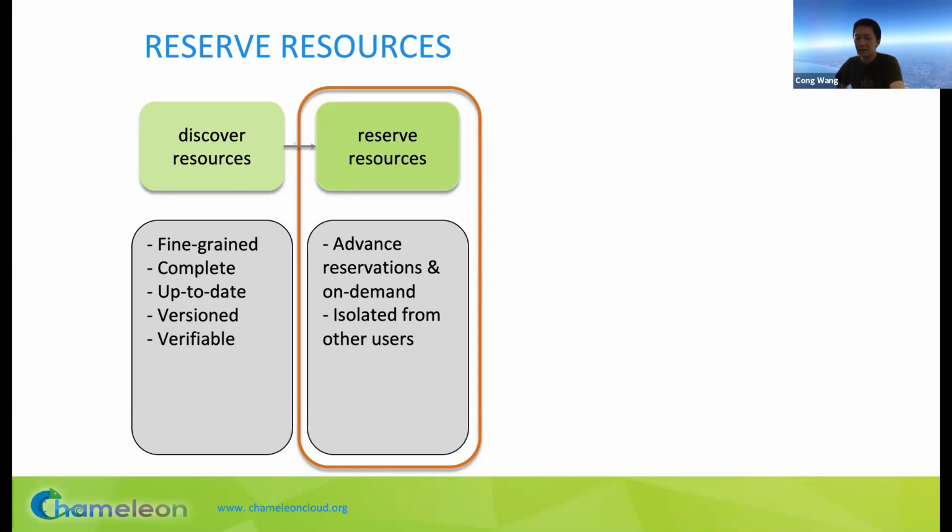Say I want the reservation to start from next week. You can do the advanced reservation, or you can do the on-demand one. For example, I want to run the experiment right now. That's also okay, depending on the availability of the hardware. All the nodes will be isolated from other users, so you can run your experiments without interfering with other people.